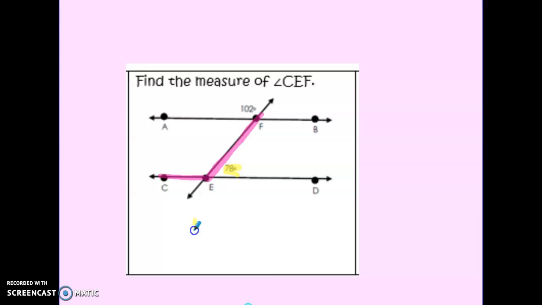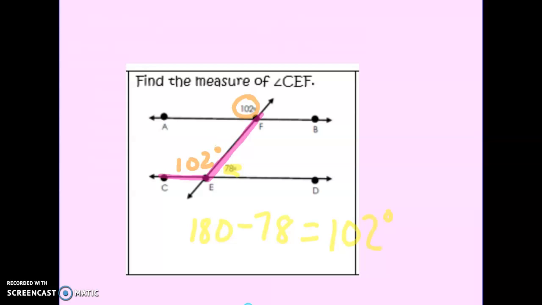We could take our 180, subtract 78. We're going to get 102. Another way we could have done this, though, rather than having to subtract, is if we look here, this is our transversal, parallel lines with a transversal, which means this angle is also 102 degrees. So they are congruent.